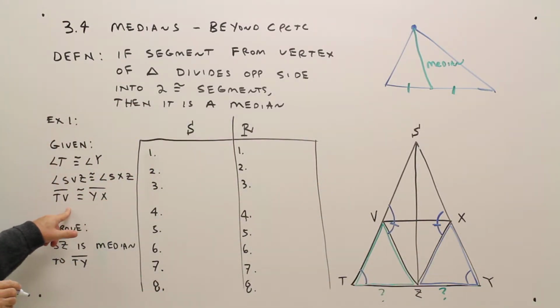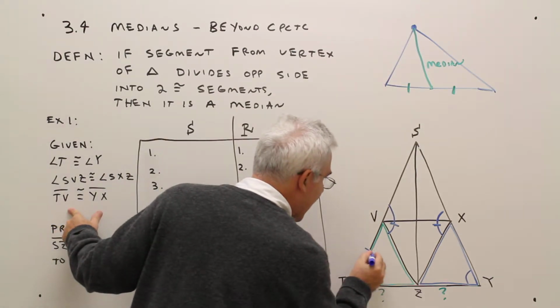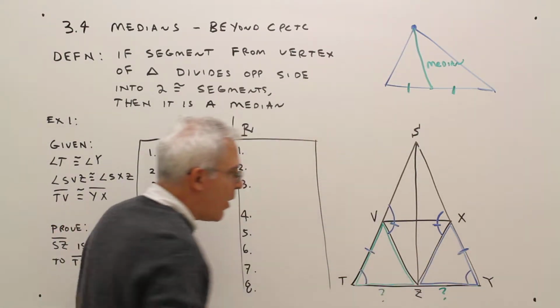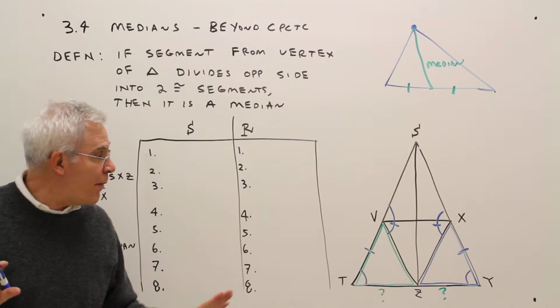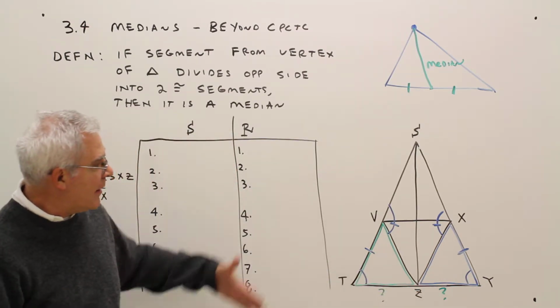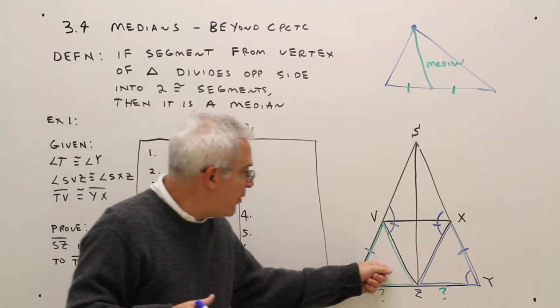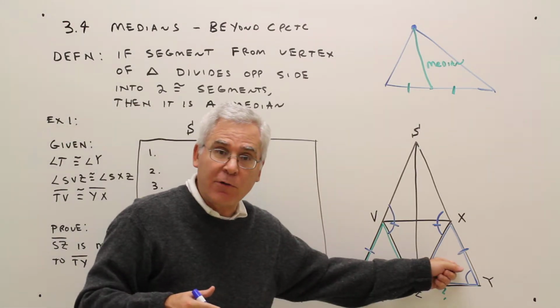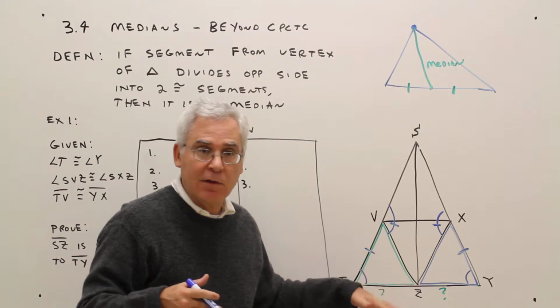And TV is congruent to YX. Okay, so I've just marked up the diagram. I've put question marks on what I'm trying to find. I think indeed I will try to get those two triangles congruent and then get those parts and call it a median.